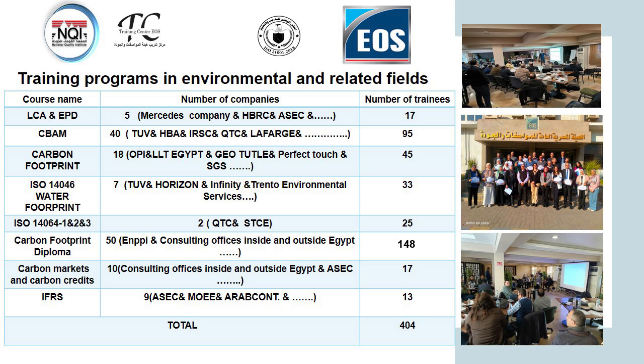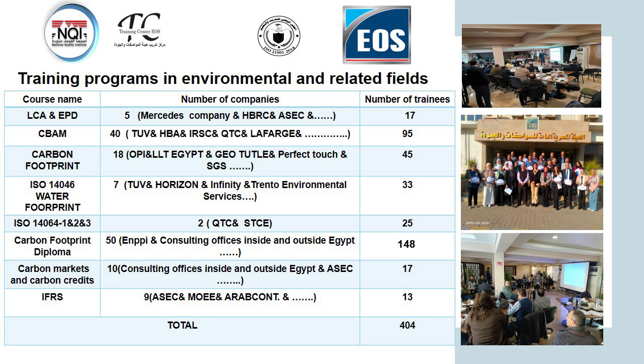And there are some statistics about the training programs in environmental and related fields. The first column is the course name: life cycle assessment, environmental product declaration, CPAM, carbon footprint, ISO 14046, water footprint, ISO 14064-1, 2, 3, carbon footprint diploma, carbon market and carbon credit, IFRS.